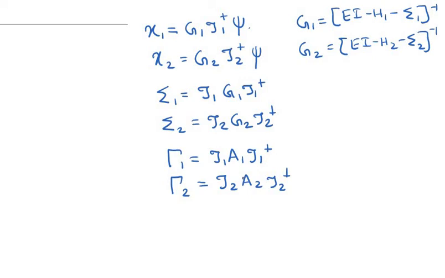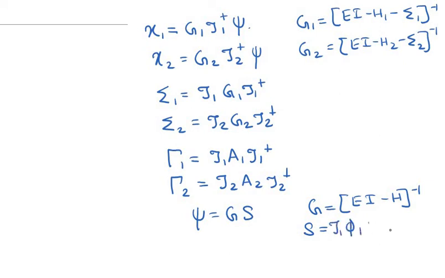The difference is that right now we have two contacts instead of one, and the wave function can still be expressed as psi equals g times s, where g is the Green's function of the channel, (EI minus H) inverse. Here s is coming from two terms: one is tau 1 phi 1 and another is tau 2 phi 2.